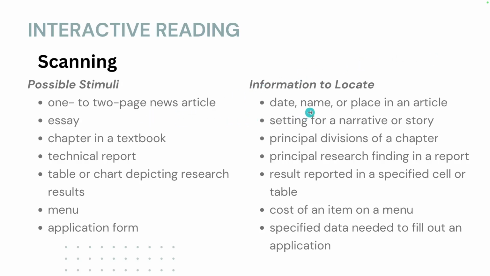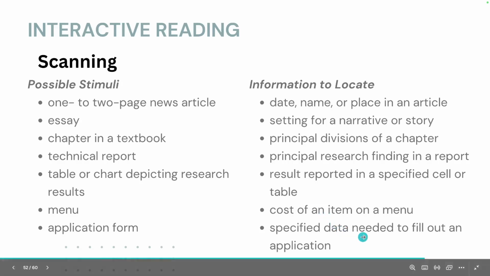For the article, maybe the date, the name or place. In an essay, what's the setting; in a chapter, what are the divisions of the chapter; in a technical report, the principal research finding or result reported in a specified cell or table; on the menu, the cost of an item, and so on. Anything can be asked for.